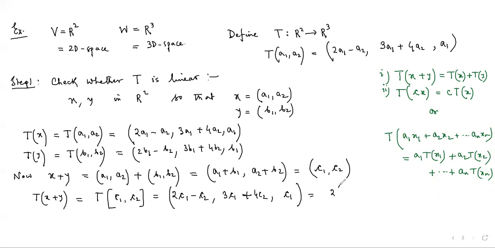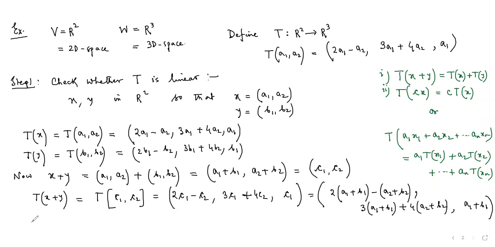So we'll get (2 into (a1 plus b1) minus (a2 plus b2), 3 into (a1 plus b1) plus 4 into (a2 plus b2), a1 plus b1). This is what you get after you put transformation T on x plus y.